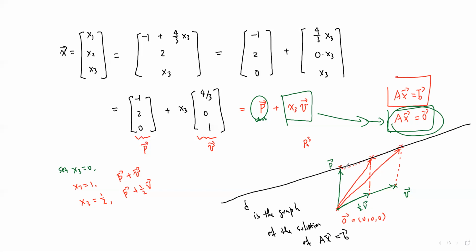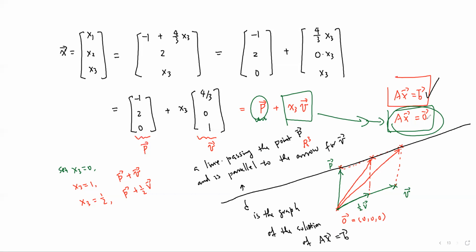It is a line passing through the point P and parallel to the arrow V. This black line is the graph of the solution of the non-homogeneous linear system.